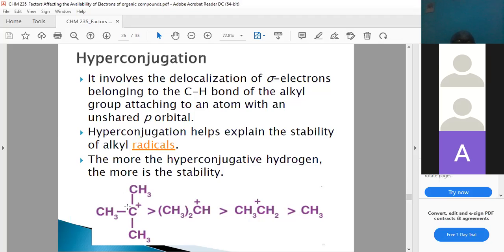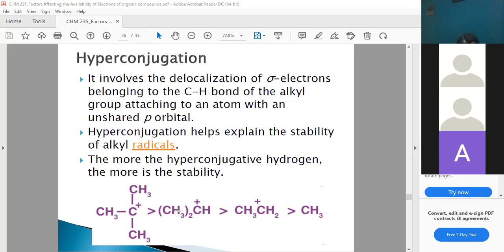In this case here, you have a tertiary carbocation. And generally, tertiary carbocation is the most stable carbocation. It is more stable than secondary carbocation, which in turn is more stable than primary carbocation, which in turn is more stable than methyl carbocation.